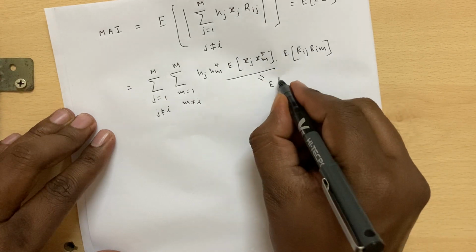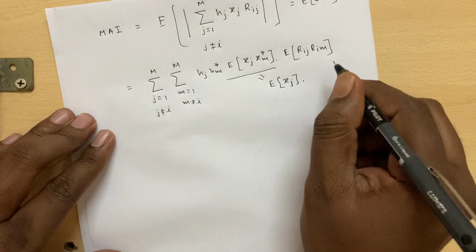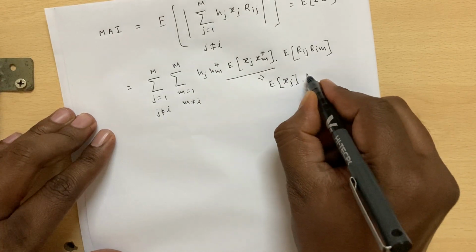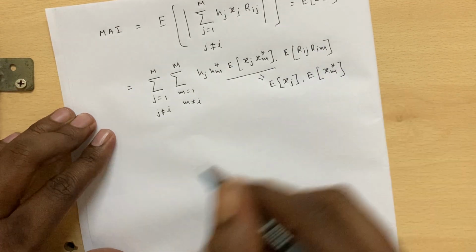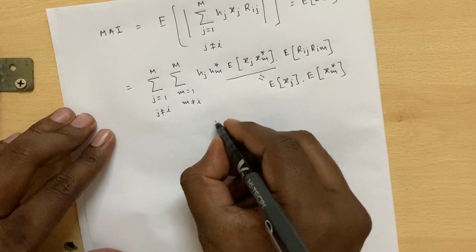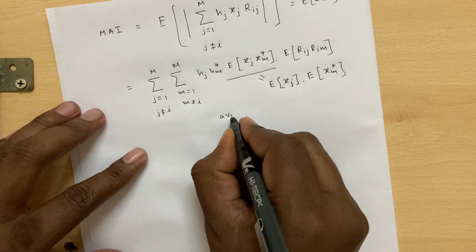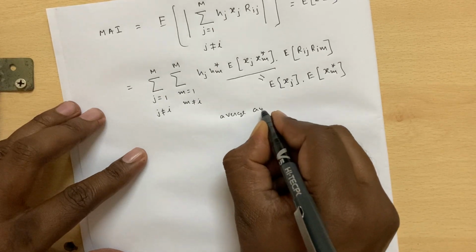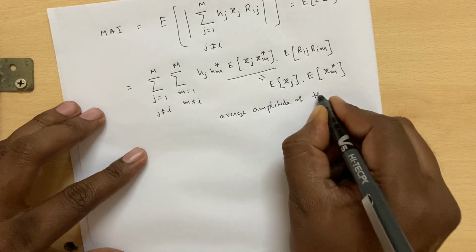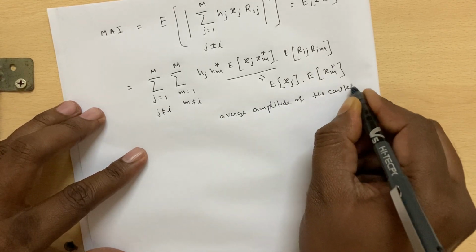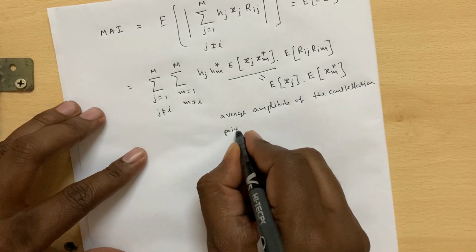So you can write the expectation of xj xm conjugate as the expectation of xj into the expectation of xm conjugate, like E of XY equals E of X into E of Y. Assuming the modulation used has zero average, that is, the average amplitude of the constellation point is 0.